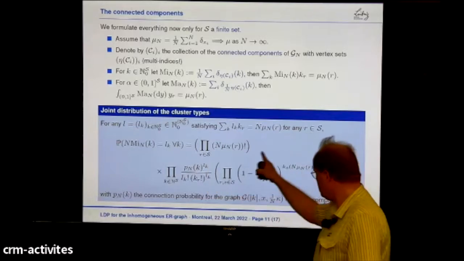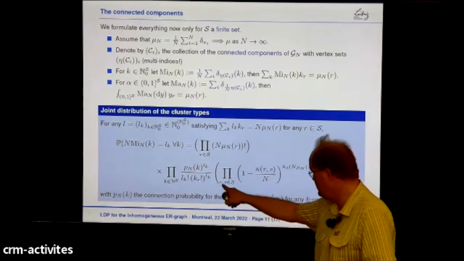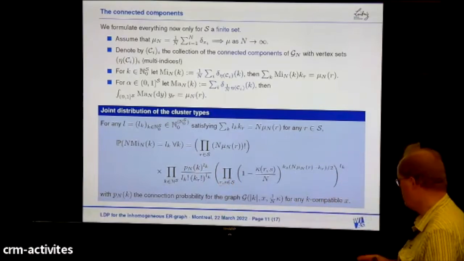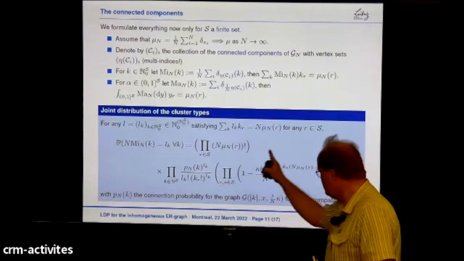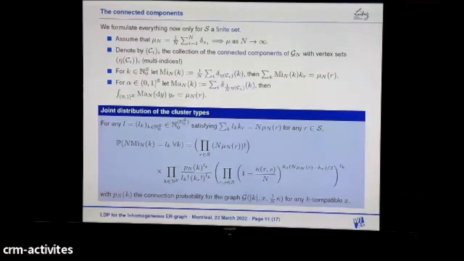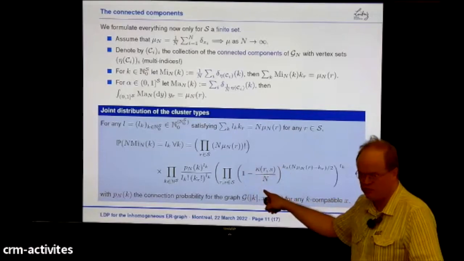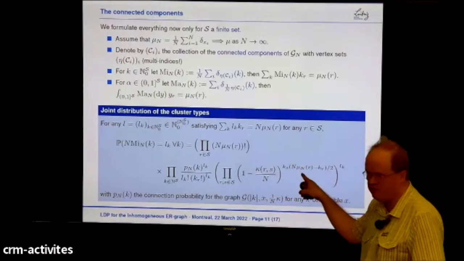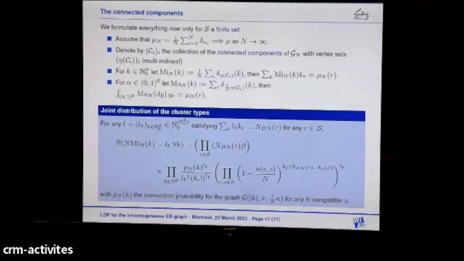And this term here is taking the product over any different pairs. Summarizing, this is the probability that every two different components are not connected. 1 minus kappa divided by n is the probability of not being connected, and here is the number of pairs of components. So it's relatively easy, but still explicit.